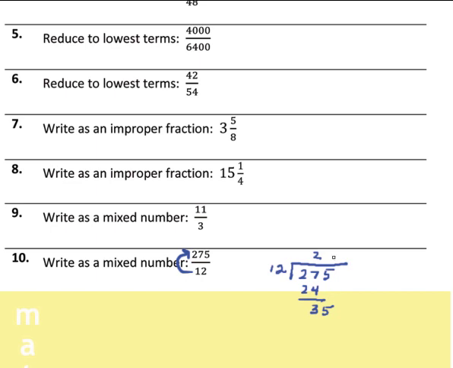And 12 into 35 goes 2 times. And here we have a remainder of 11. So 22 will be the whole part of our mixed number, and we use 11 for the numerator of the fraction. So here's our mixed number: 22 and 11/12 is equal to this improper fraction.